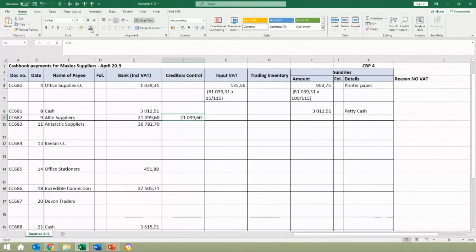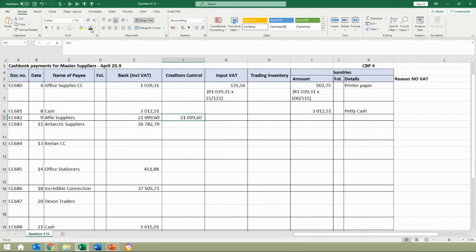What two accounts do we need to debit? Okay, so Tumelo says trading inventory and VAT input, and then Mapaledi thinks cost of sales and sales.